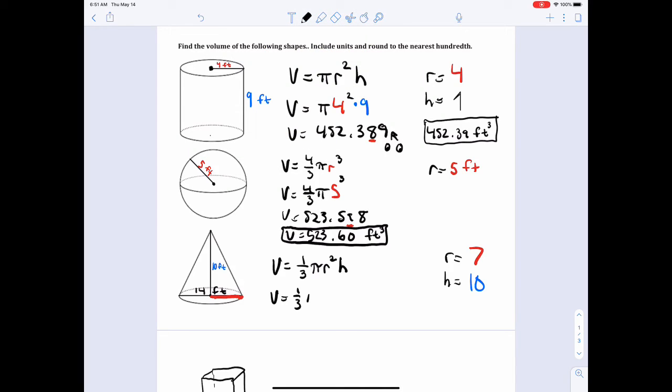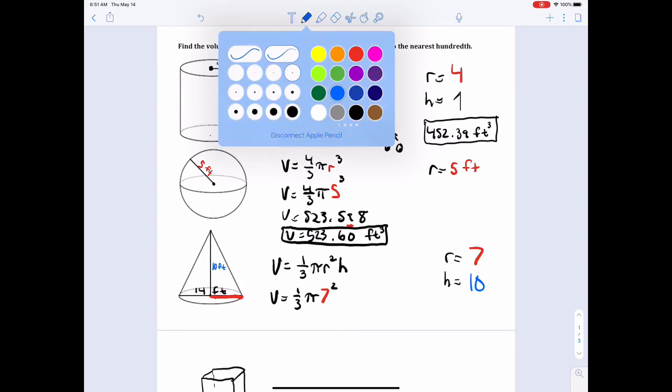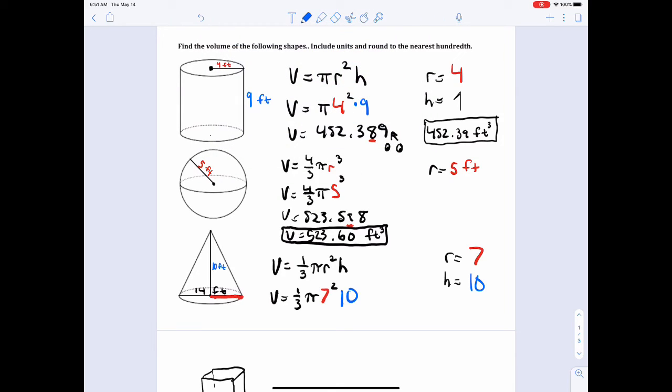So volume equals 1/3 times pi times 7 squared times the 10. You plug that all into your calculator, and you see what you get.